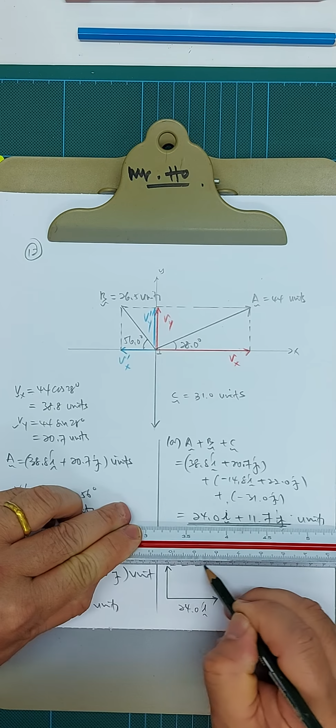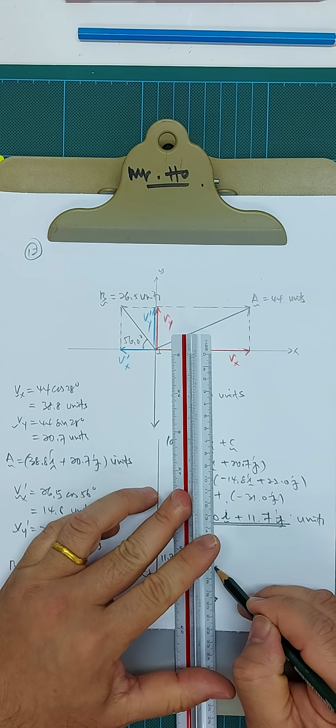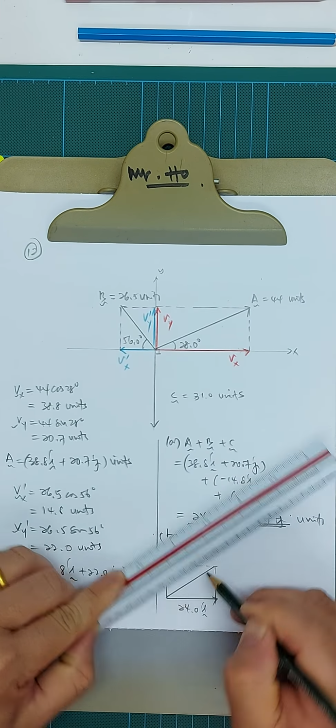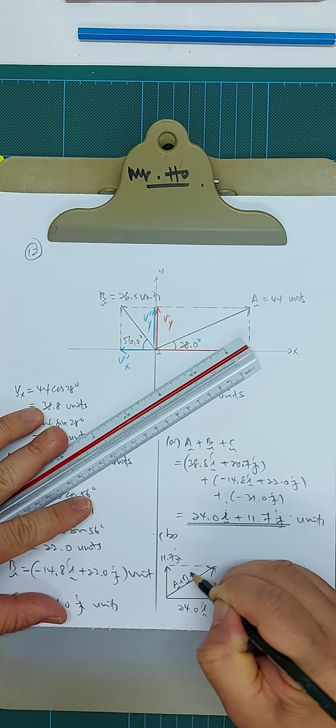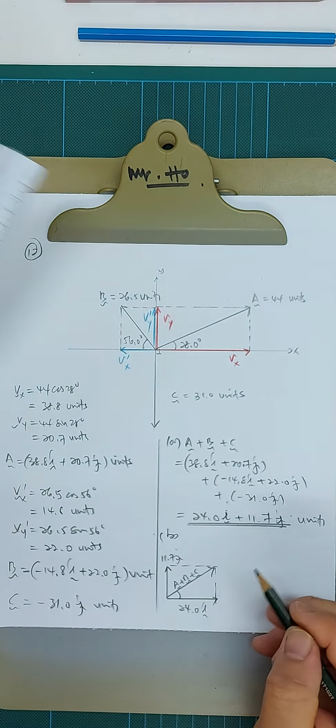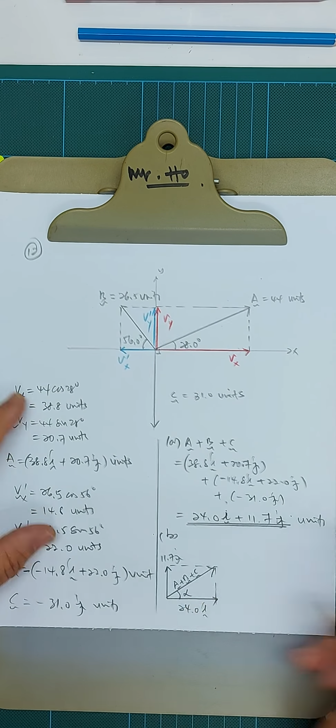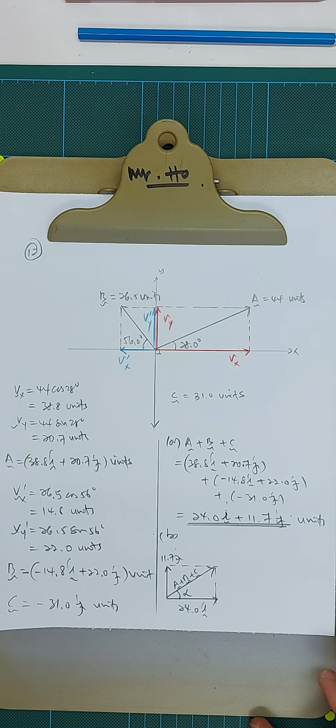If we combine them, we get this, our vector A plus B plus C, and the angle here I will call alpha.